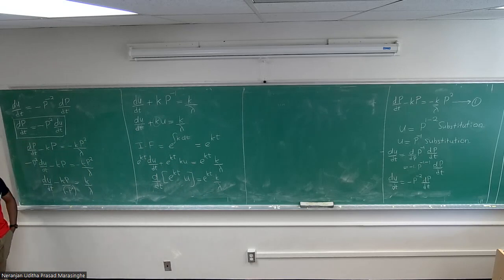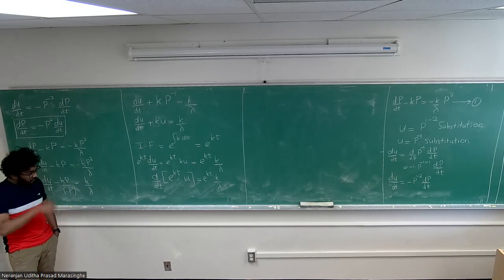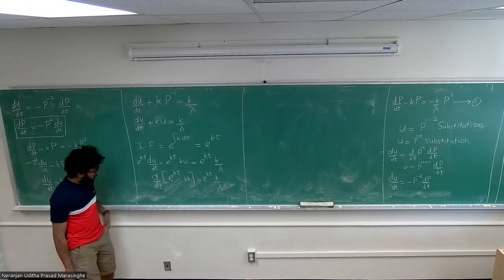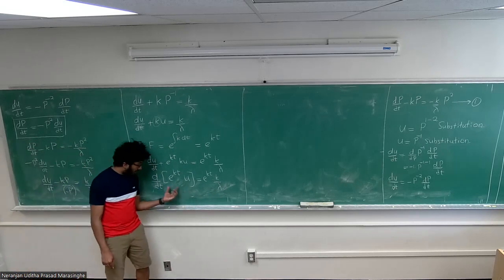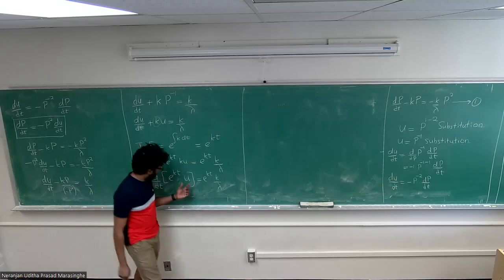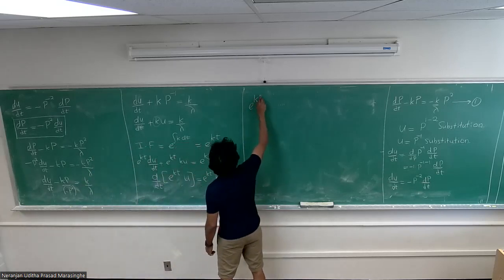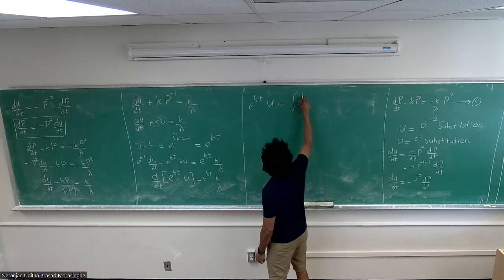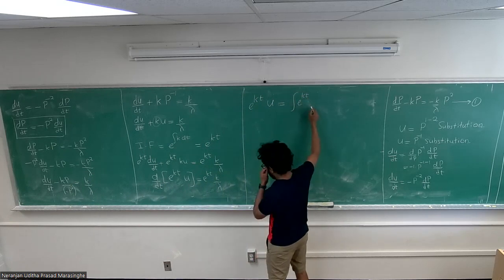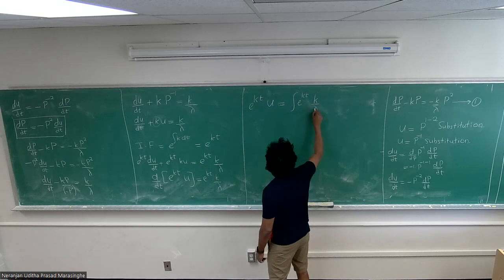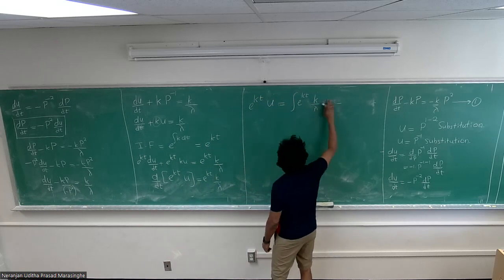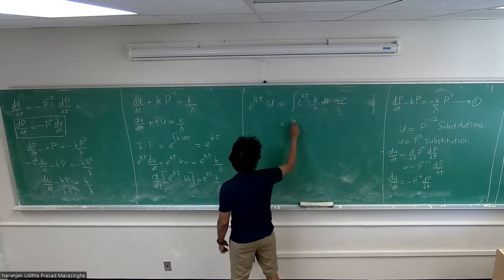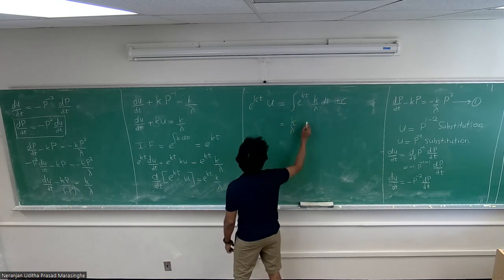Then the derivative of this function is going to be this one. So e to the kt times u is going to be equal to the integral of e to the kt times k divided by lambda plus this constant. Okay.